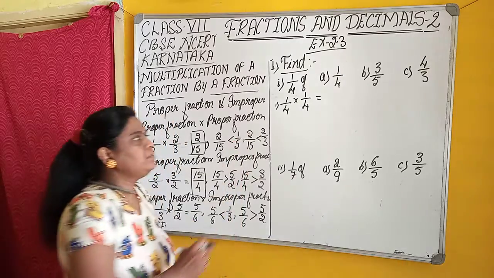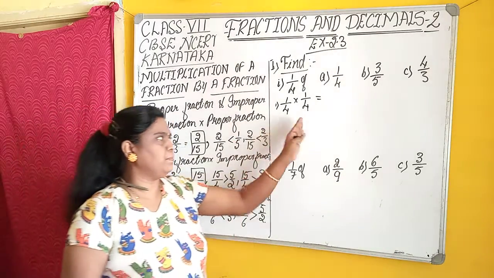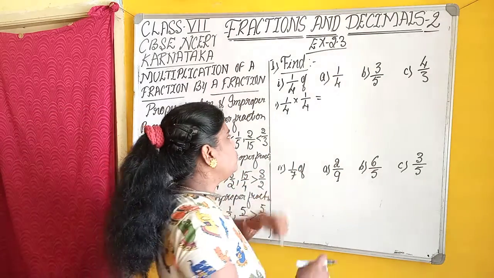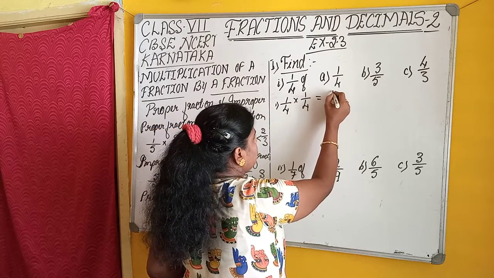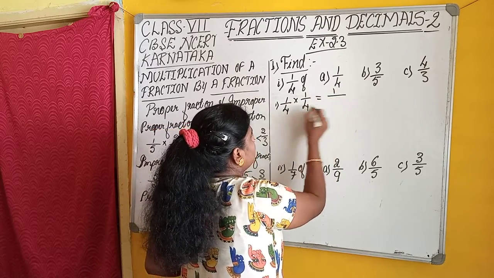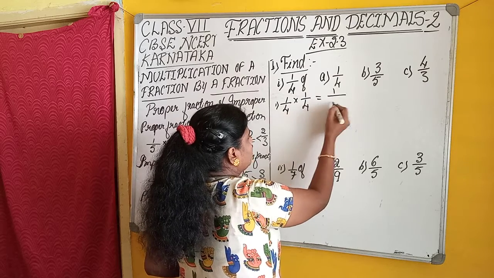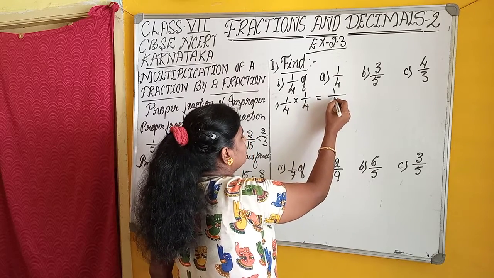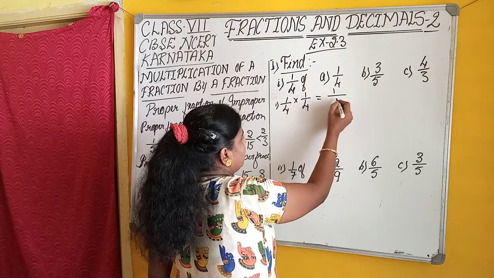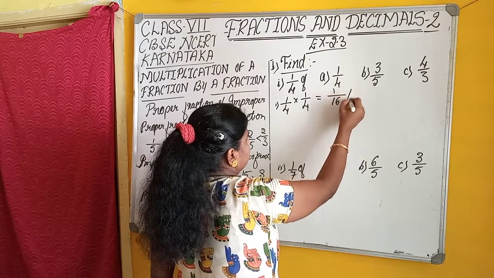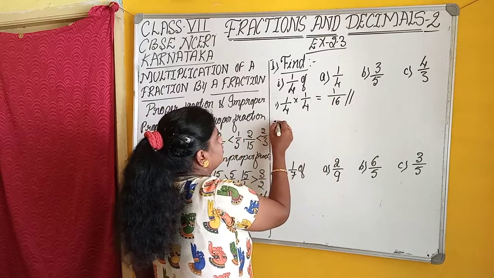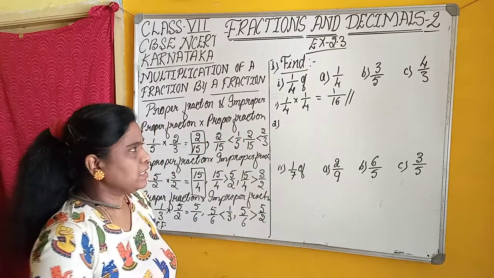We already learned that when a fraction is multiplied by a fraction, we have to find the product of the numerators, that is 1 into 1 is 1, divided by the product of the denominators, that is 4 into 4 is 16. Okay, students, the product of the denominators is 16.